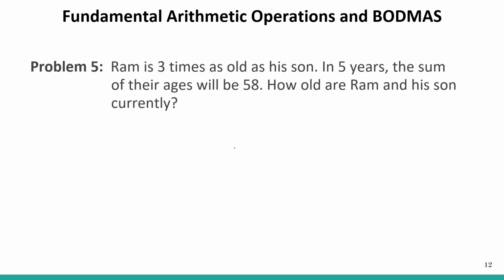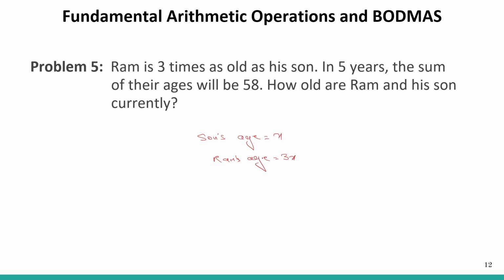So problem number 5. Ram is 3 times as old as his son. Let the son's age be x. So Ram's age is 3x, as he is 3 times as old as his son.